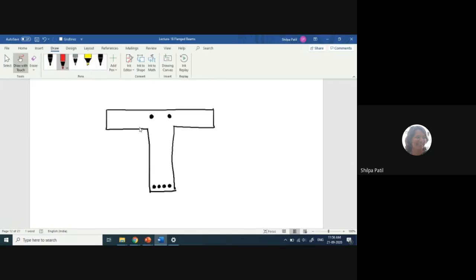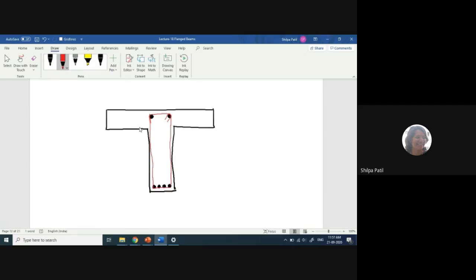So the stirrups will run here like this. Please make use of a scale when you draw the diagram. Okay, so these are the stirrups.